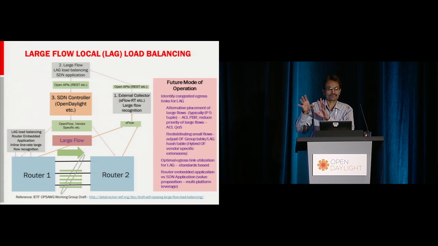Yes, it's not a free lunch, there is a trade-off. And also you have to remember that even in the case where we're adjusting a hash table, there could be some slight reordering. So all trade-offs for bin packing. Excellent.